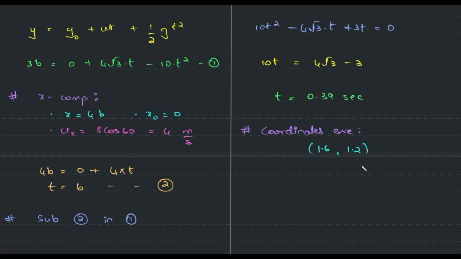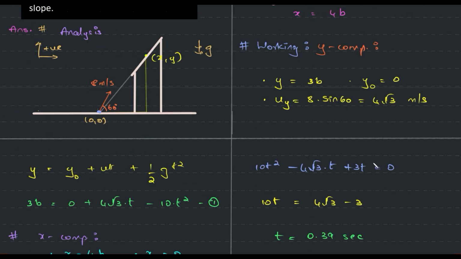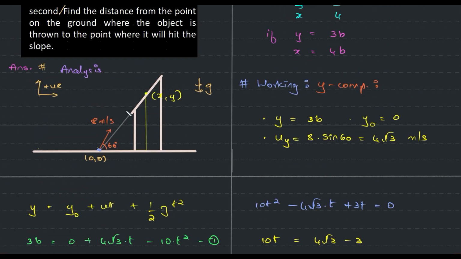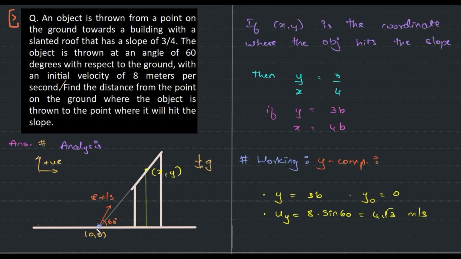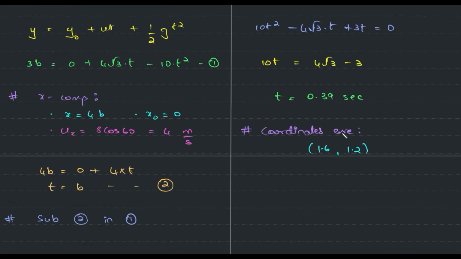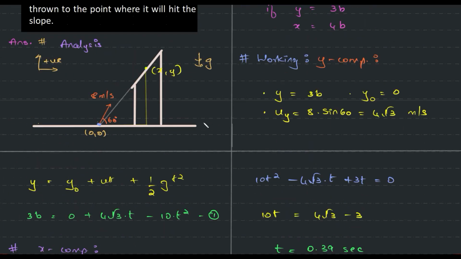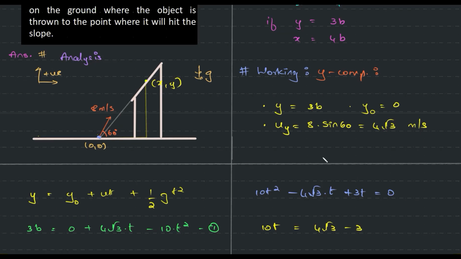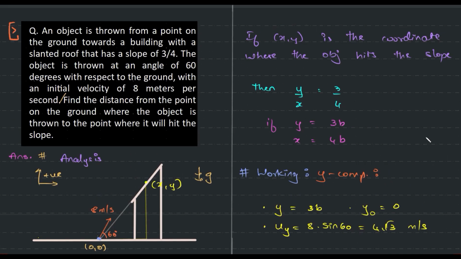That will be your coordinate. That's where the object will hit, provided you throw along the slope. I mean, that information is not given. If not, it's not answerable actually. There are many possibilities. And yeah, you take the root and all of that, and you'll get the distance. That's your answer. You can pause and have a look.